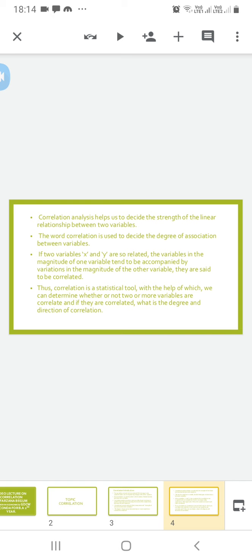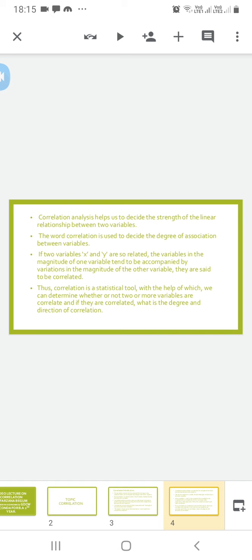Correlation analysis helps us to decide the strength of the linear relationship between two variables. The word correlation is used to decide the degree of association between variables. If two variables x and y are so related that variations in the magnitude of one variable tend to be accompanied by variations in the magnitude of the other variable, they are said to be correlated.